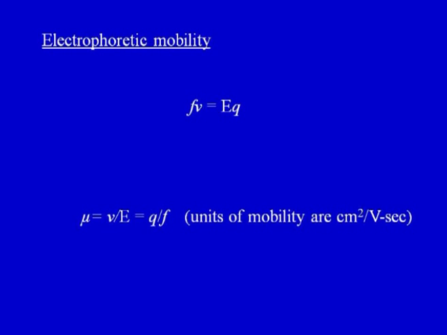Now, like I said, the more common term utilized for the migration of a charged particle is electrophoretic mobility. As the ion accelerates, a frictional force opposes the forward motion. In the beginning, as a charged particle is put under the influence of an electric field, it will move towards the opposite electrode and accelerate as it moves through the medium, but as it accelerates, a frictional force comes into existence and opposes the forward motion of the charged species.